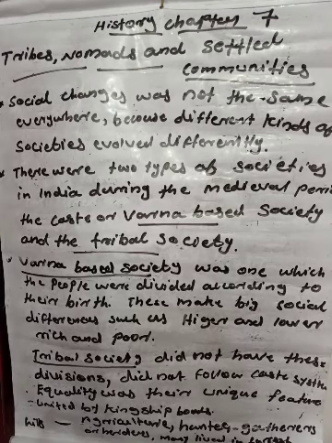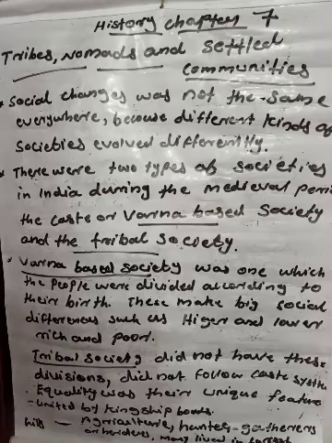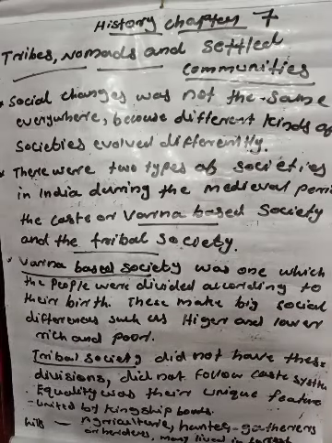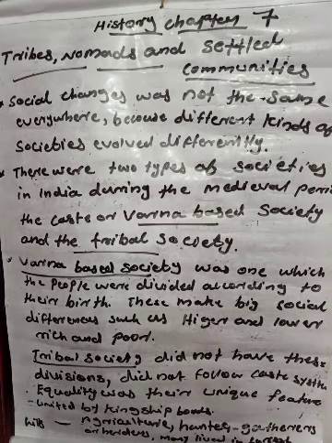Over the centuries, important political, social and economic developments had taken place. But social change was not the same everywhere because different kinds of societies evolved differently. It is important to understand how and why this happened. In this chapter we are going to study social and economic developments that took place in different areas.